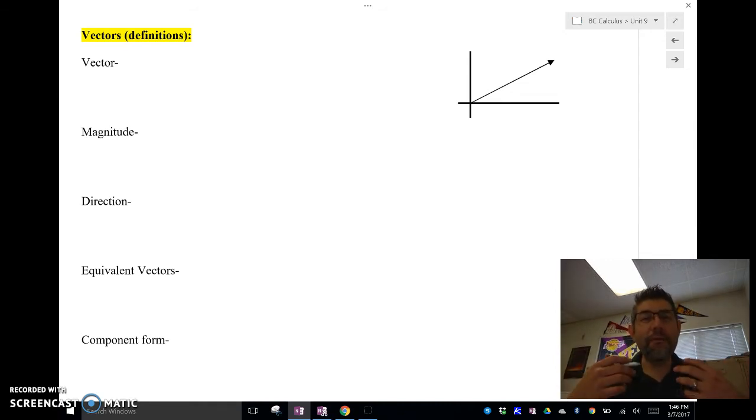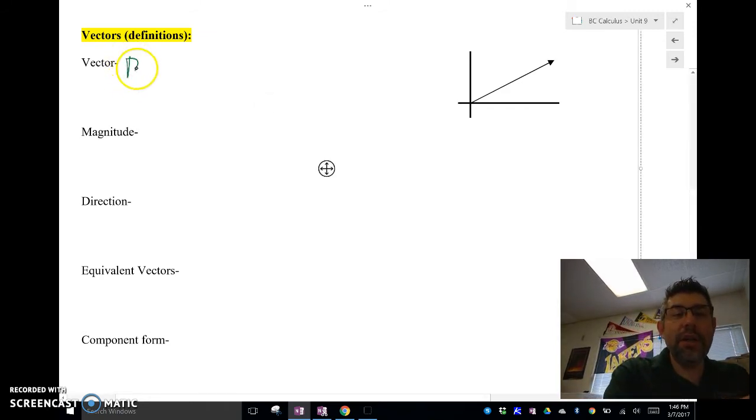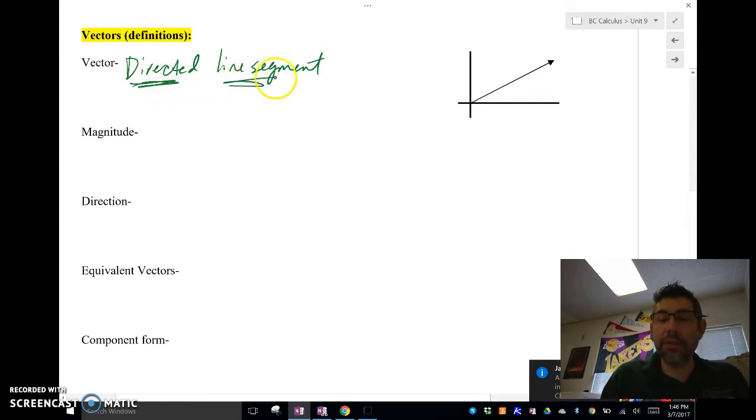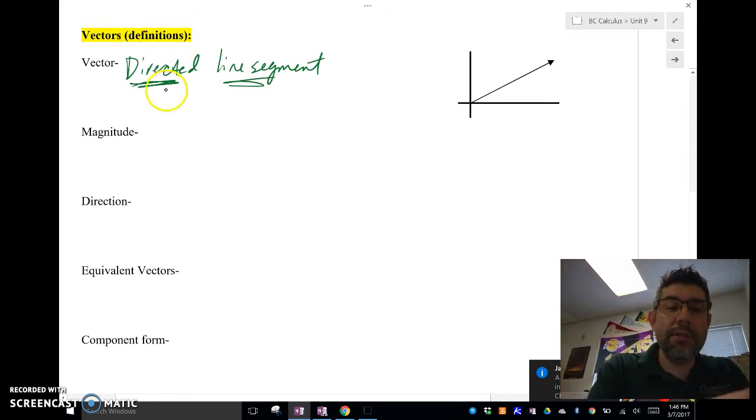So a vector is a mathematical term that has both direction and magnitude. Sometimes we can just say a vector is a directed line segment. It has both direction and magnitude.